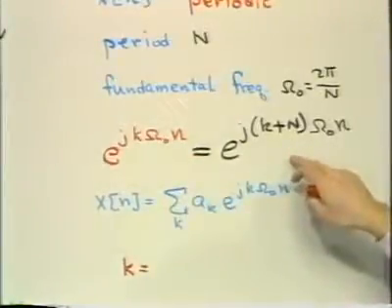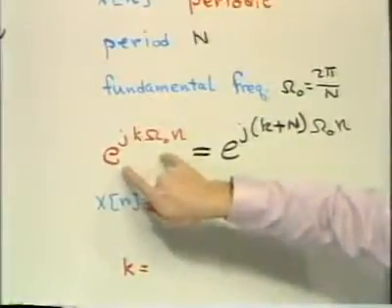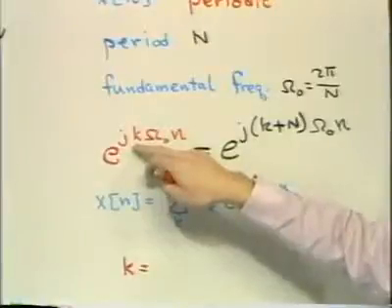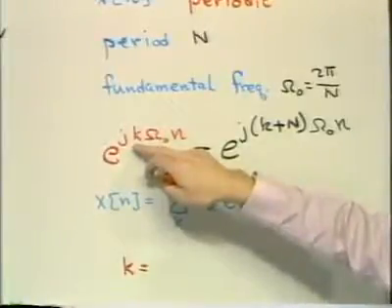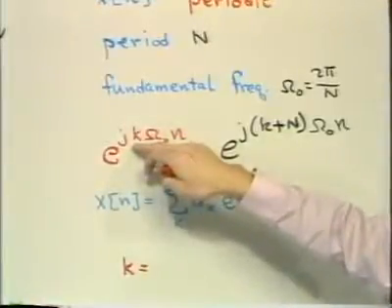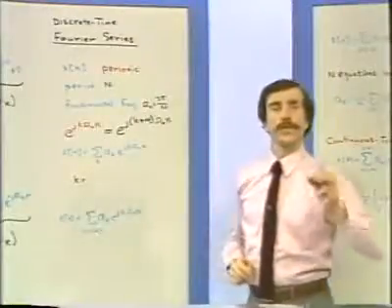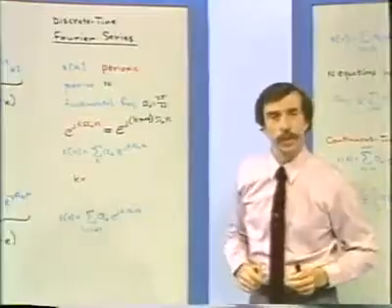Now, what does that say? What it says is that if I consider this class of complex exponentials as k varies from 0 through capital N minus 1, we will see all of the ones that there are to see. There aren't any more.